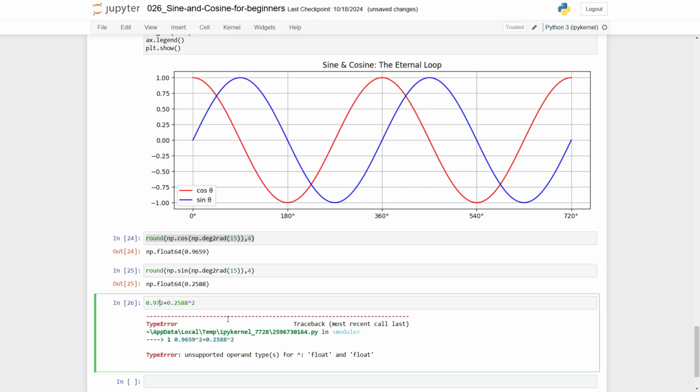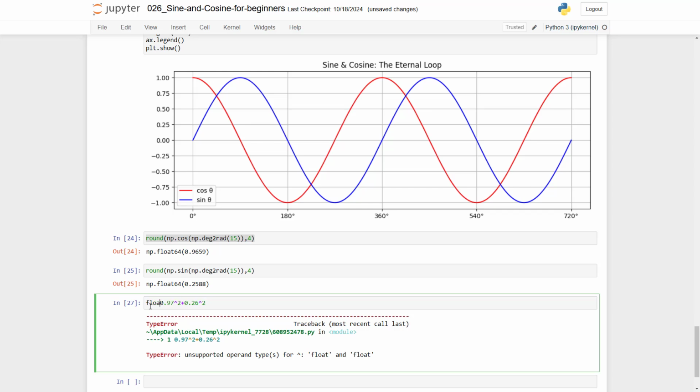Something like this, 97 squared plus 26 squared, really should give us 1, but let's see why it doesn't like it.